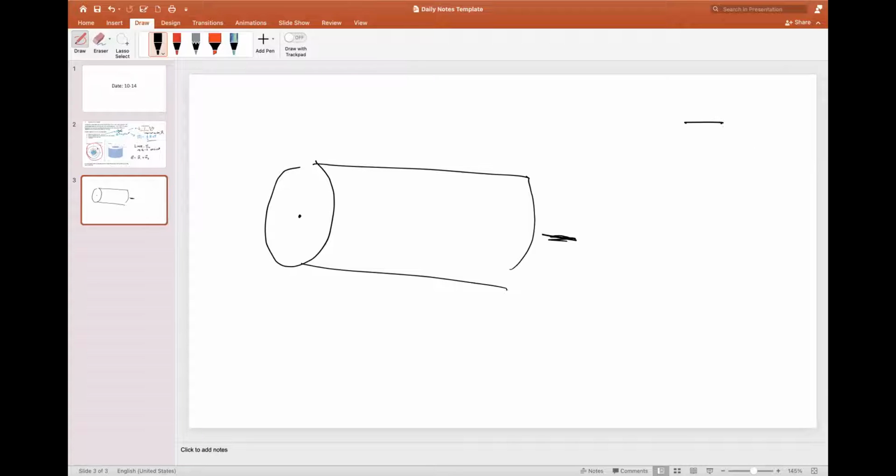It's hex, so you got something like this, and it's metal. And then you got an inner pin on your coaxial cable, and this is also metal.